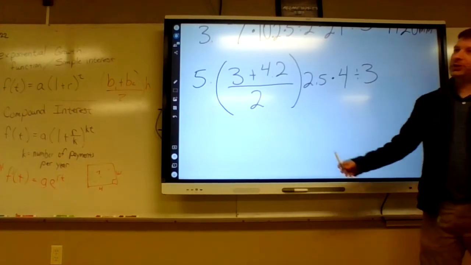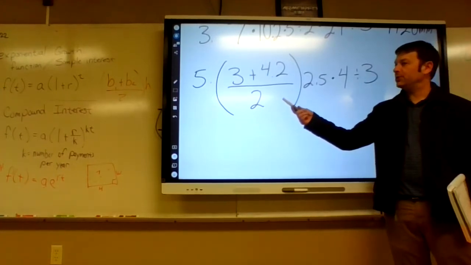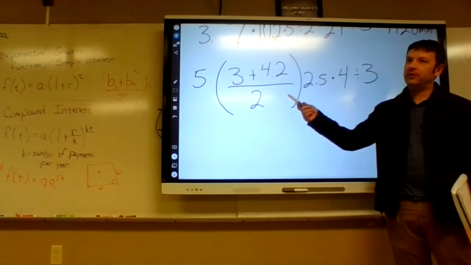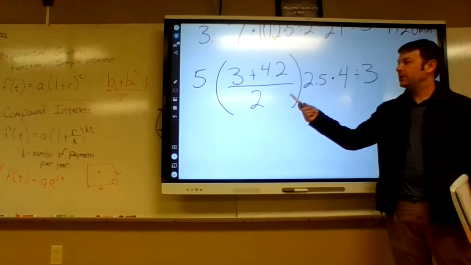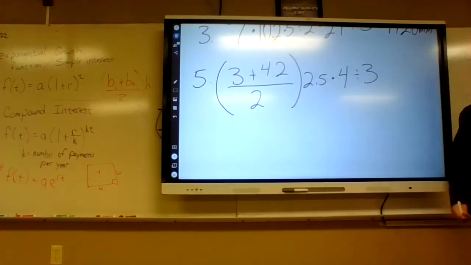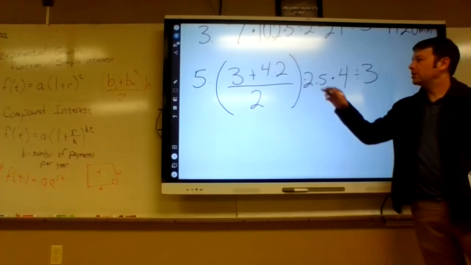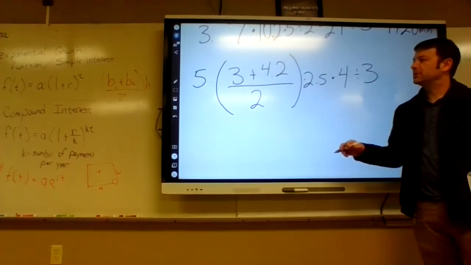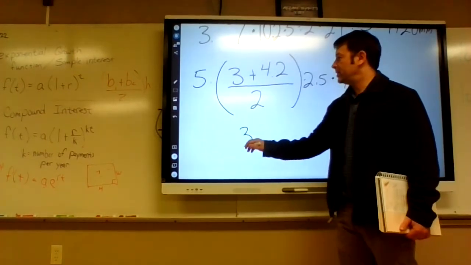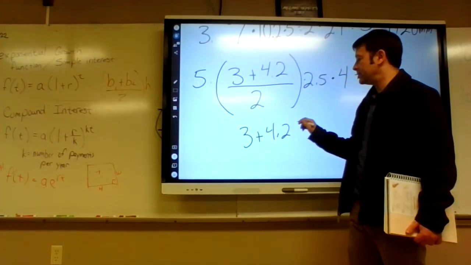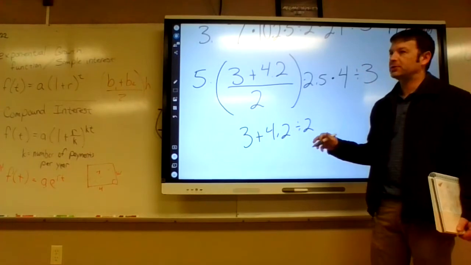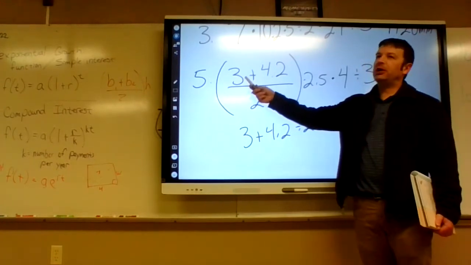So if you don't use parentheses on this one, you would get it wrong, because the order of operations would screw it up. Parentheses are important on this. Actually, if you plug in 3 plus 4.2 divided by 2, that would be wrong also. So here's what I would suggest.